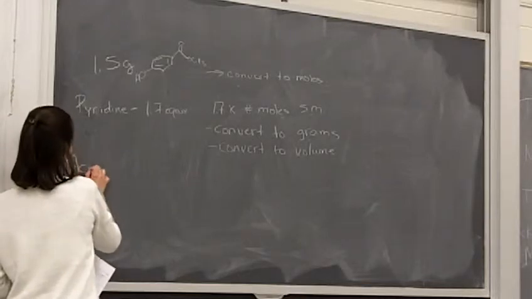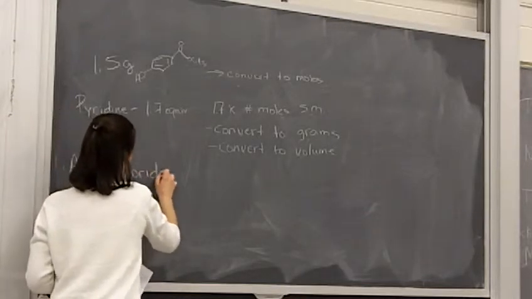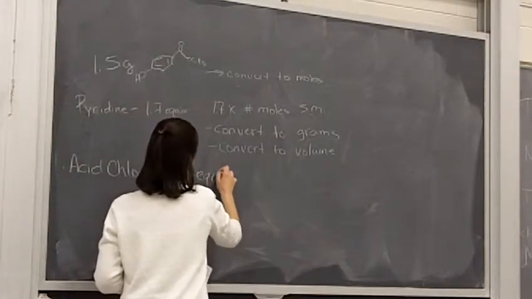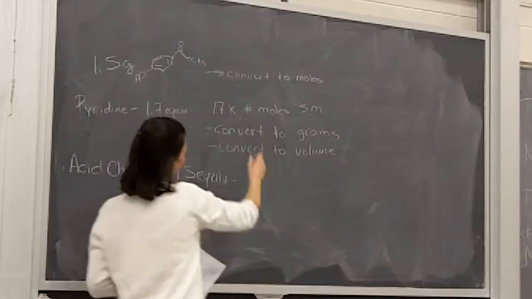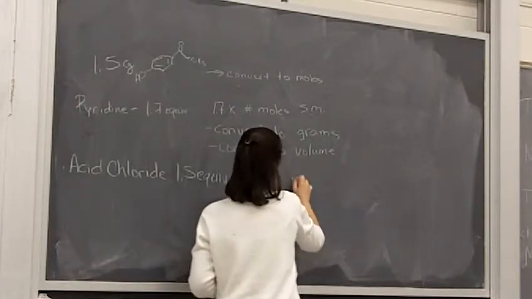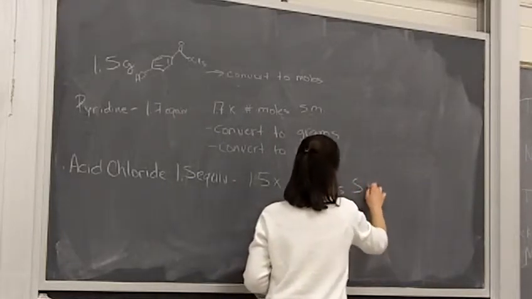For the acid chloride, you're supposed to use 1.5 equivalents of your starting material. So again, 1.5 instead of 1.7 times the number of moles of starting material.